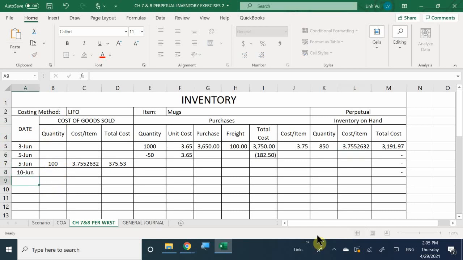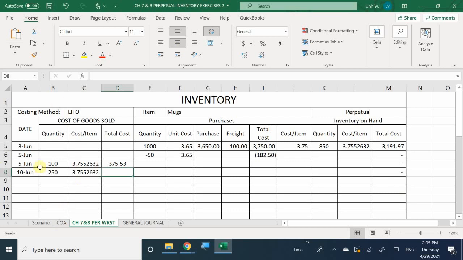Okay. So once again, let's take a look at our inventory. What batches do we have? The one batch. We only have that one batch. So therefore, we sold 250 at what cost? 5526.